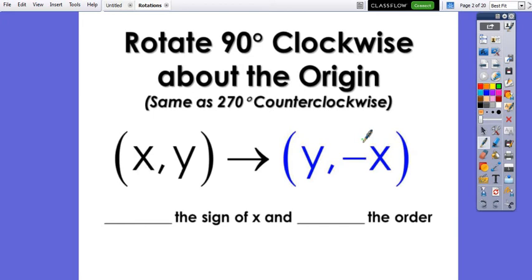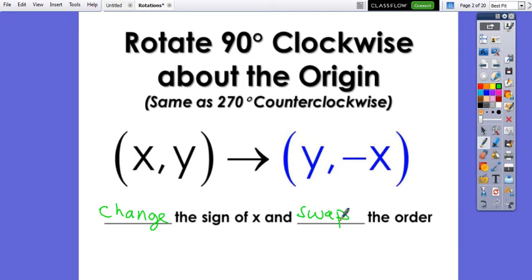So the rule is that we're going to change the sign of X and swap the order. Change the sign of X and swap the order. So for example, we'll see some examples in a minute, but I'll put a simple one here.